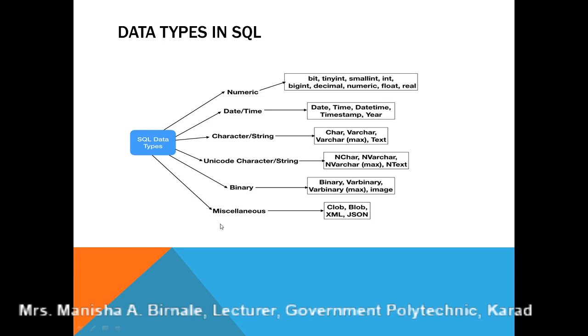The fields may be roll number, name, percentage marks, like that. We have to specify which data type will be accepted by each column or field, and the data type specifies the type of data which is accepted by that column.